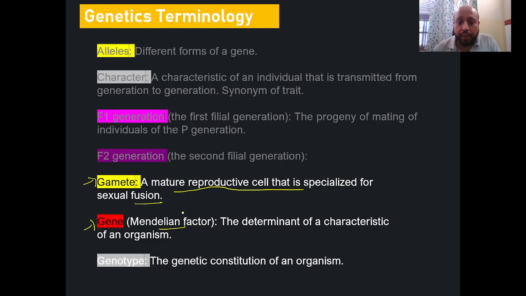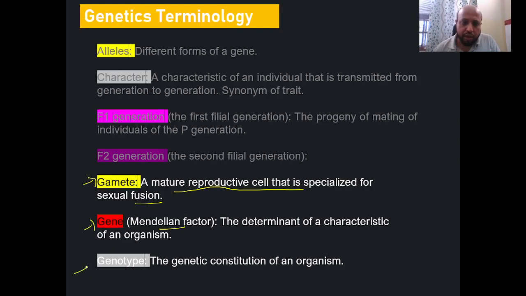So he said these factors determine the characteristics of the organism, and he used symbols to represent them. Like for tall height, it is capital T, or for the round shape of a seed, he uses capital R and small r and so on. We will be talking about that in a moment.